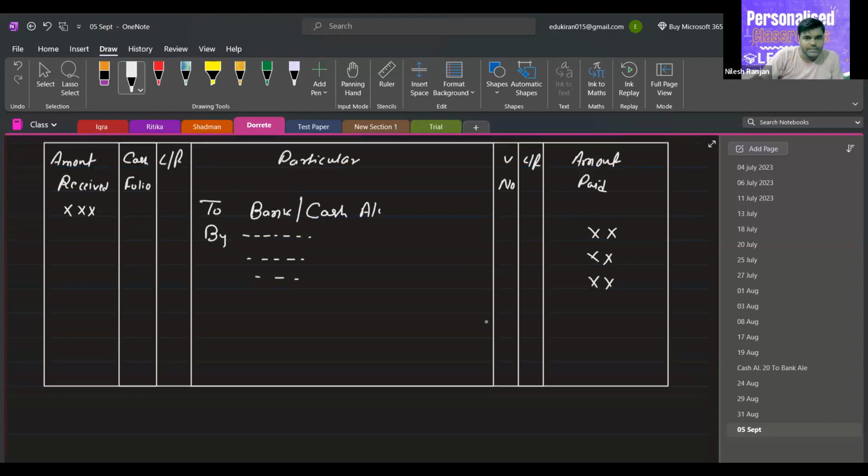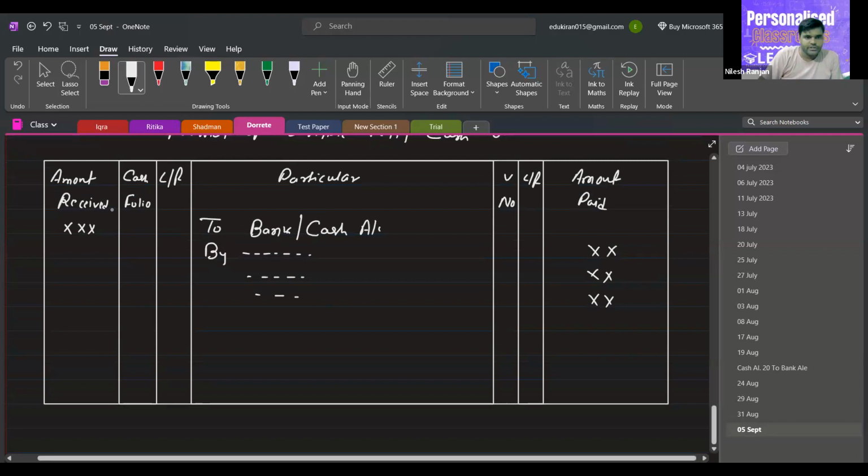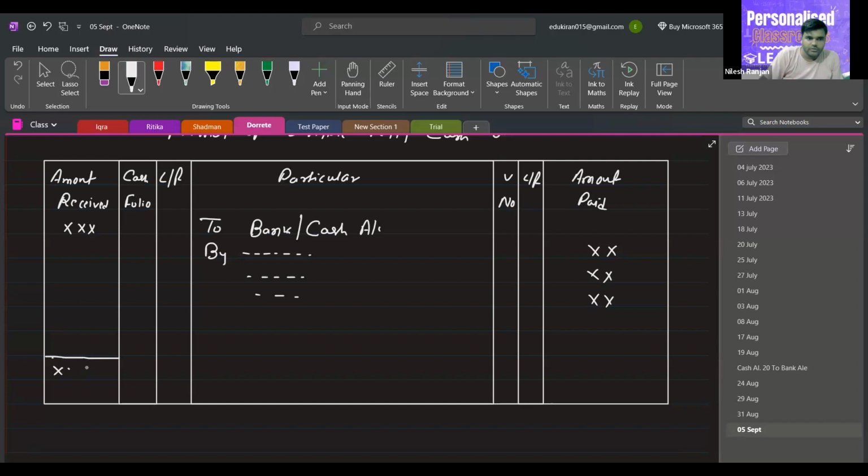Okay, so after writing all these, generally the received side will always be higher. So you will total both sides as you have done in the previous cash book or ledger accounts, and see which is higher. Generally, the received amount is higher than the paid amount, so you will deduct the paid amount from it. It will be your balance.